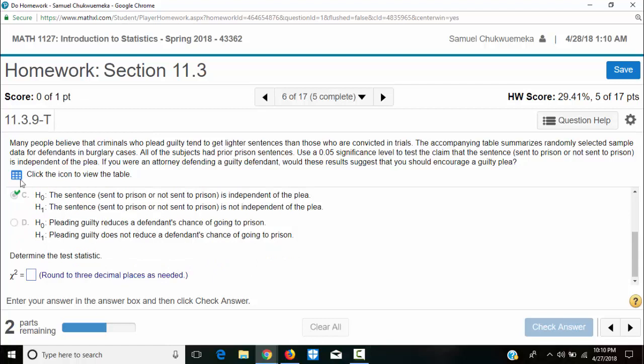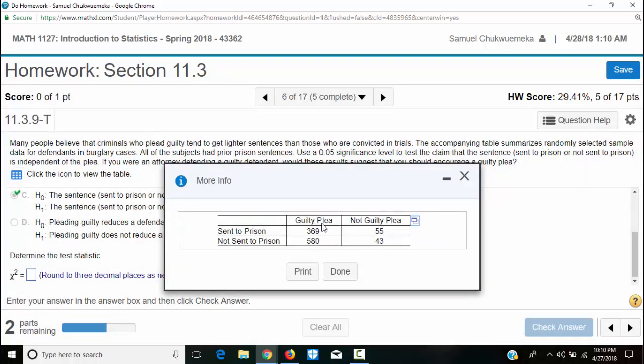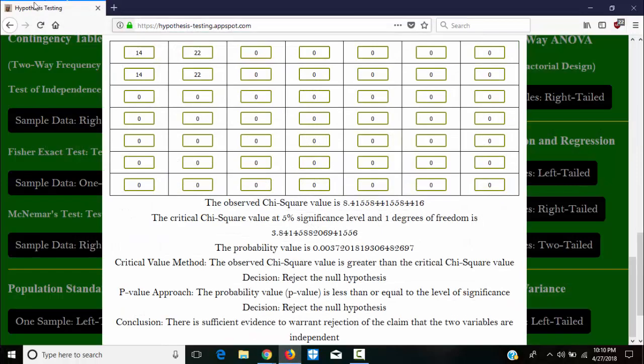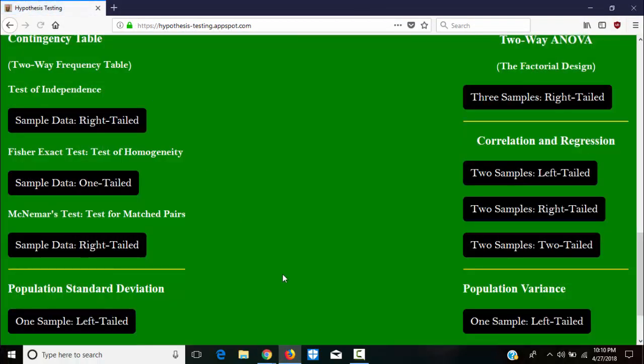Determine the test statistic. The table is 2 rows, 2 columns: 369, 55, 580, 43.